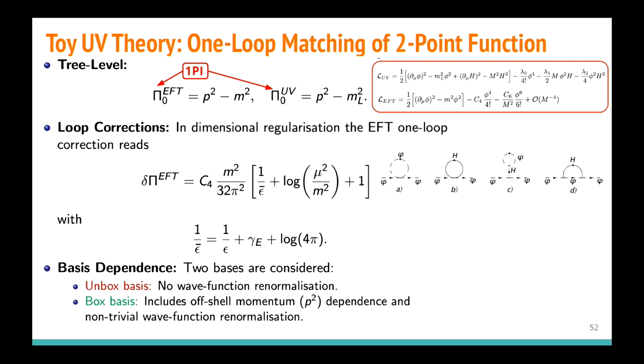Here we will be able to do this calculation either in the unboxed basis or the box basis. We discussed these two bases quite a few times in our last lectures.